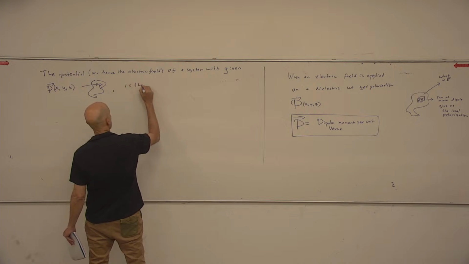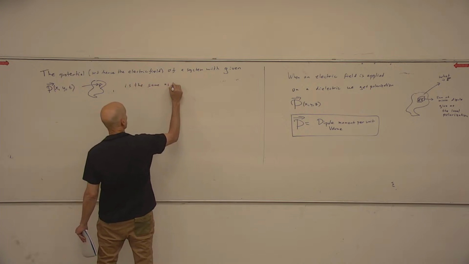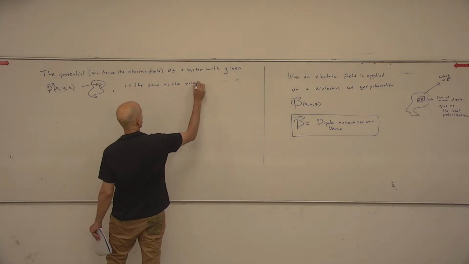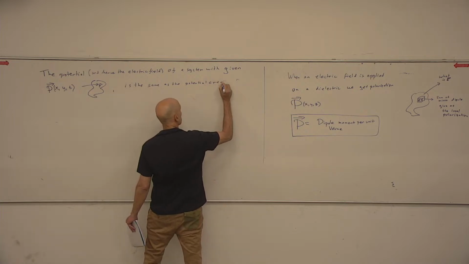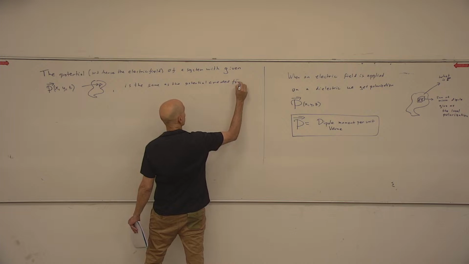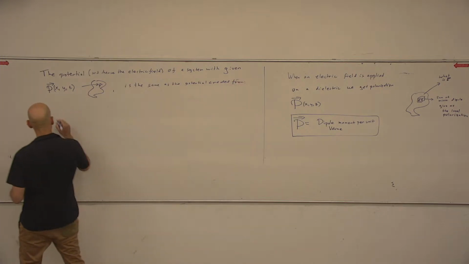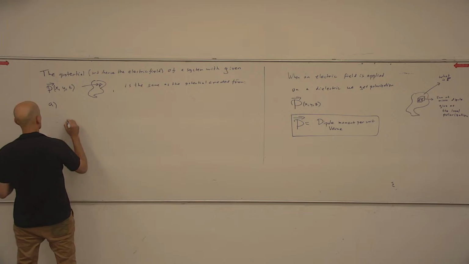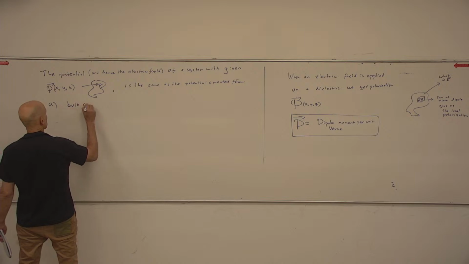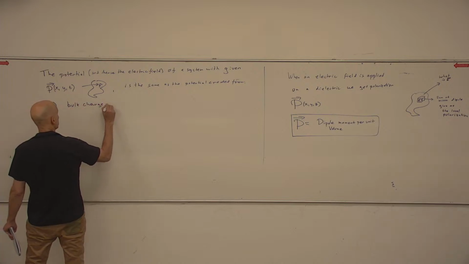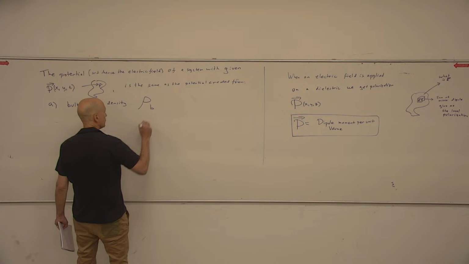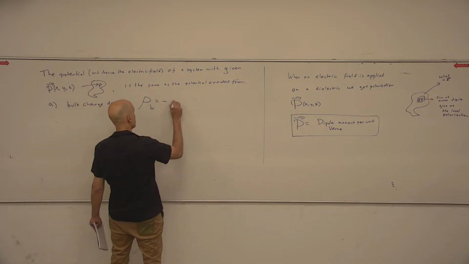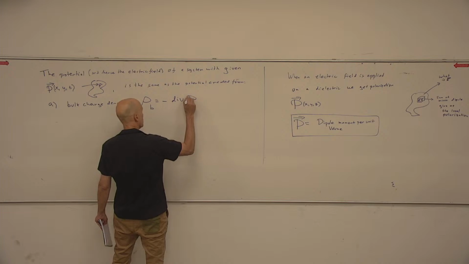Is the same as the potential created from two things. A, charge density, bulk charge density, rho B, equal div polarization.